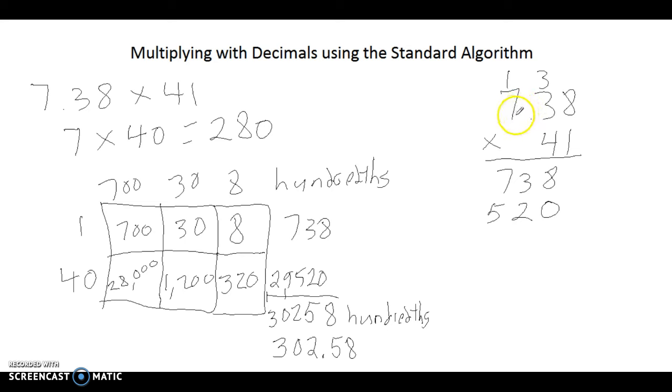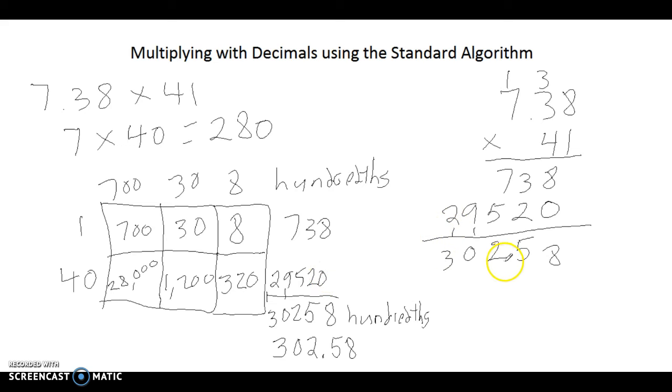28 thousandths, plus 1 is 29,000. Then we'll add those up. 8, 5, 7 and 5, 12, 9 and 1, and 3. And as we can see, our 738 matches, our 29,520 matches, and our total matches.